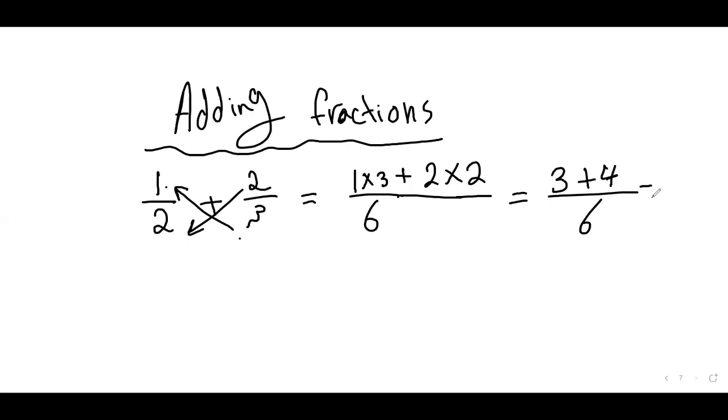Then 3 plus 4 is 7 over 6. Simplified, 1 and 1 over 6. Guys, is that difficult? No, it's easy.